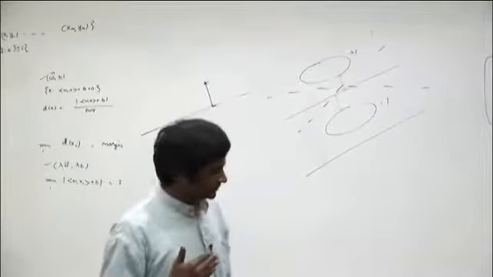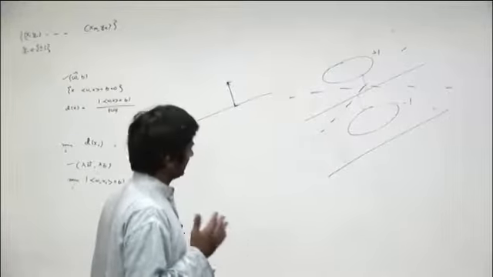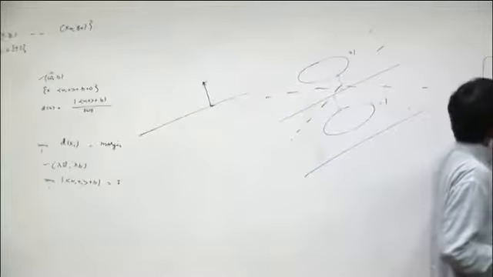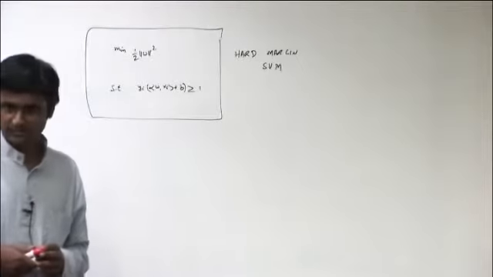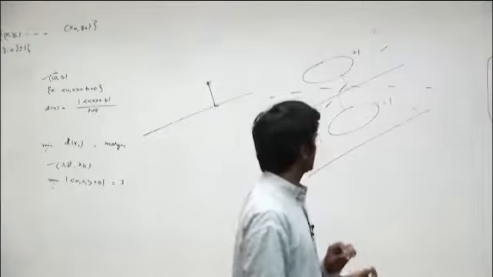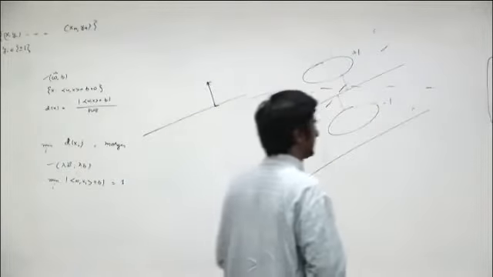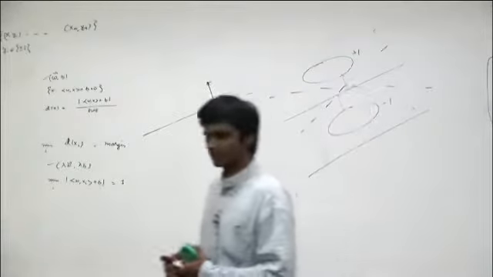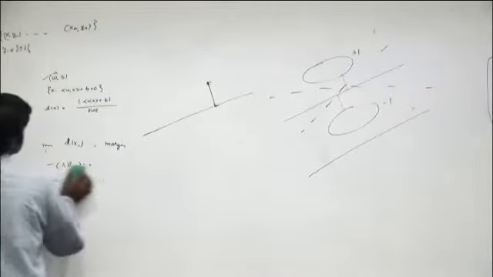Now I want to derive exactly the same optimization problem, but by going through a probabilistic route. When we go that route, I also want to point out the close connections between logistic regression and support vector machines and how they are related. Many people would want you to believe that they are not, but in fact they are very, very closely related.